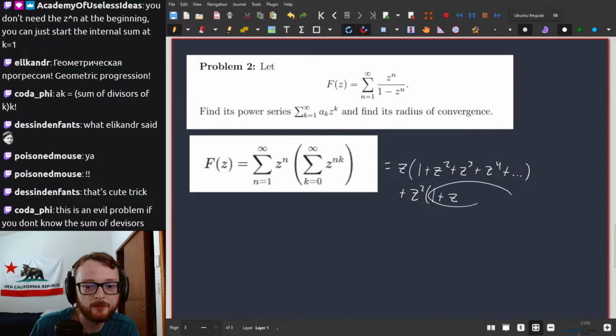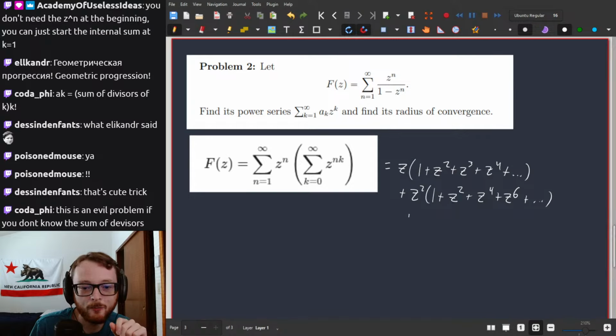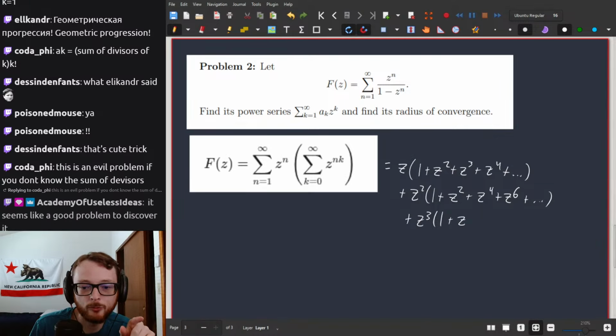So now this is only even terms here, right? This does seem like it's getting to what Codify was talking about, because this is going to be multiples of 3.